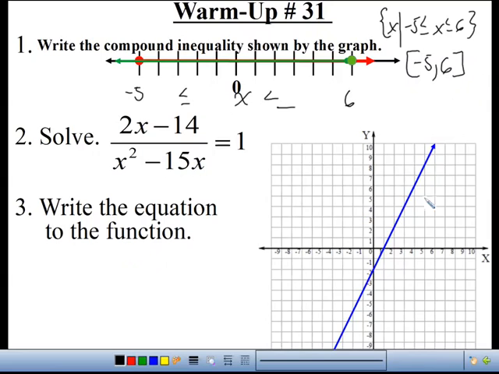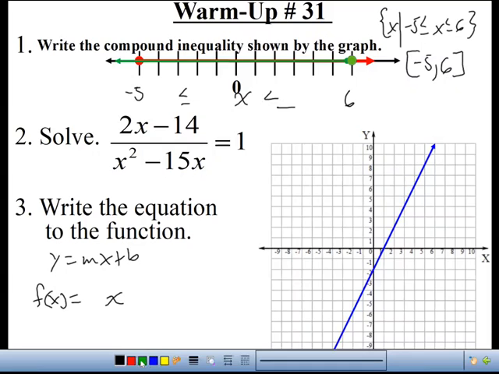Let me go over number 3, and then I'll come back to number 2. Number 3, they want us to write a function, so I write y equals mx plus b, something that we started back before we left for break. Since now we are in function notation, we no longer use y, so we do f of x equals blank x.